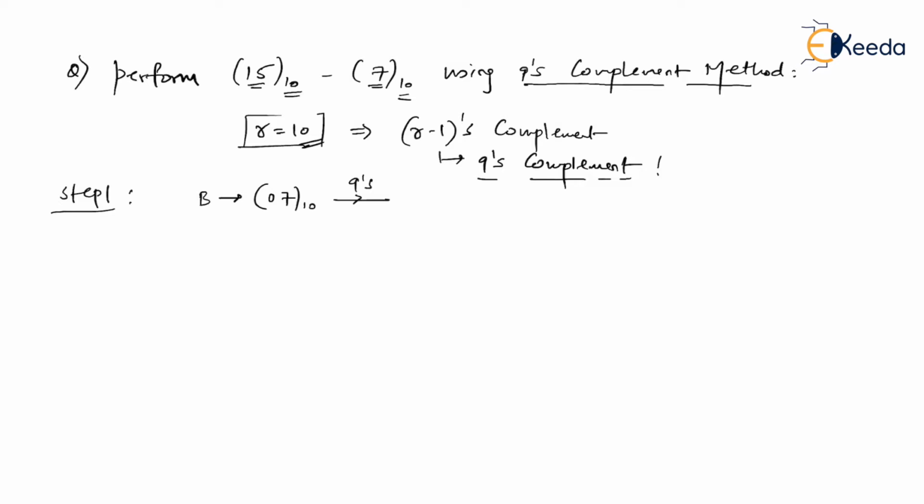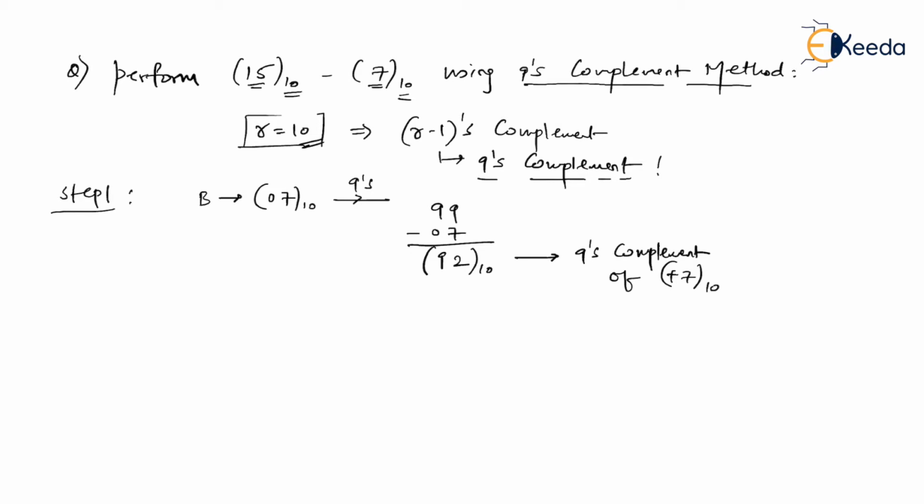And how to take 9's complement? Very simple. Subtract every digit from 9. I repeat, subtract every digit from 9. So it is 99 minus 07. What is 99 minus 07? It is 92. So 92 to the base 10 is nothing but the 9's complement of positive 7 to the base 10.